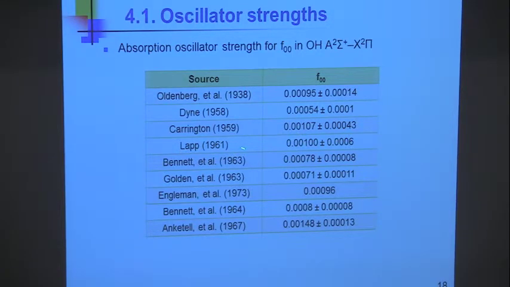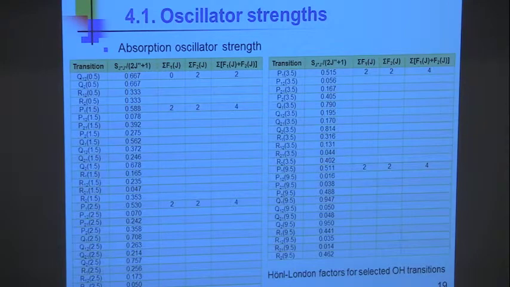Marshall Lapp was a contemporary of mine, a friend of mine. So it was hard experiments. I would say this is kind of an old table. I'd say that we think we know it within maybe 3% now.